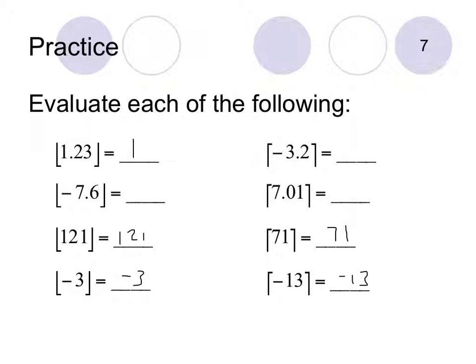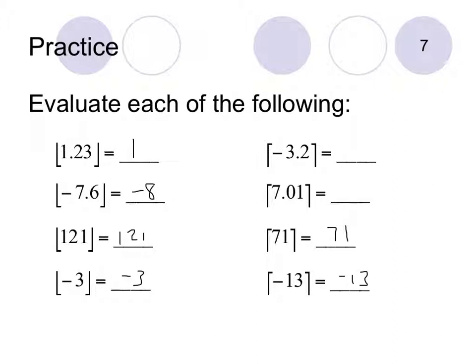Now, when you put a negative number in, you've got to really think carefully about it, because here the definition of floor is that it's the greatest integer less than or equal to the number that's inside. So inside here is -7.6. The greatest integer that's less than -7.6 is -8.